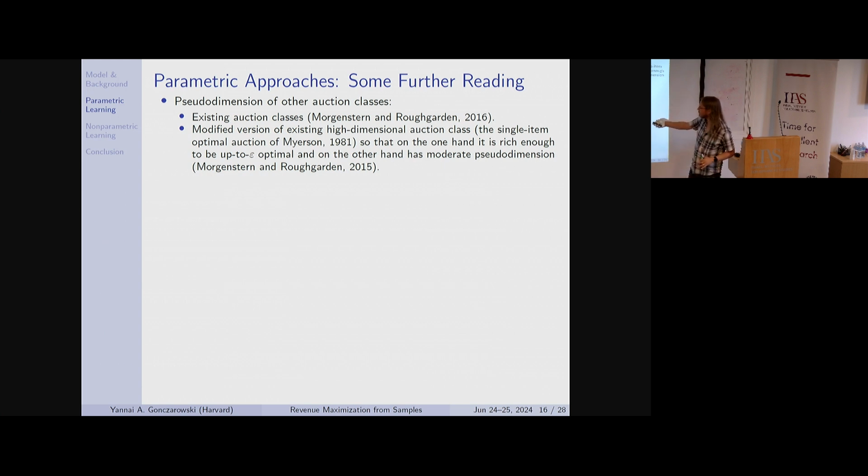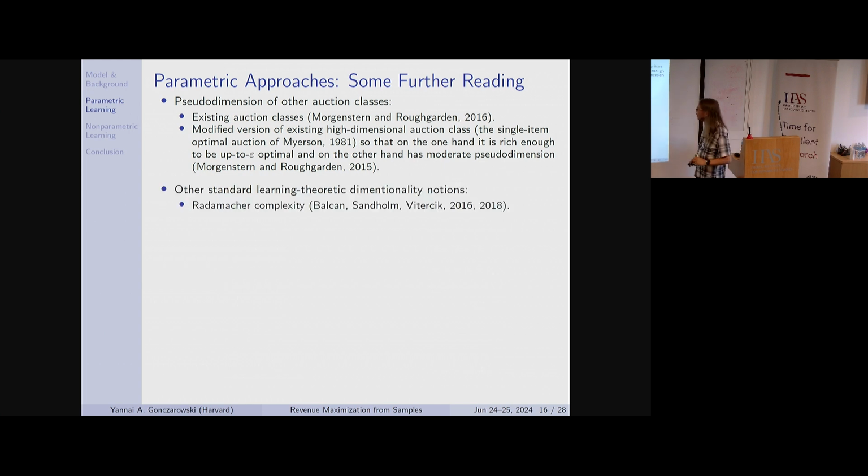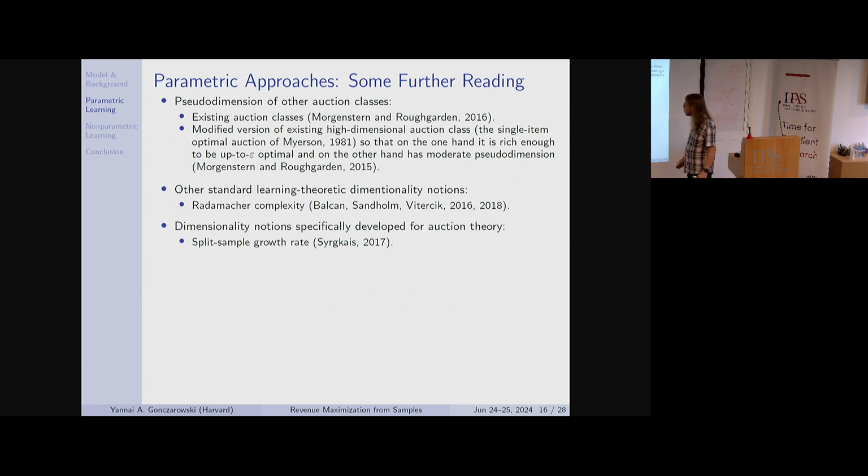So they do this, they discretize this existing class. You need to carefully discretize it. It's not obvious how you do that. This is the paper I told you is relevant to what we're talking about. You can talk about other standard learning theoretic dimensionality. There's beautiful work by Ellen Vitercik and her advisors using Rademacher complexity, similar ideas with piecewise linear revenue functions, but you can do more things with this.